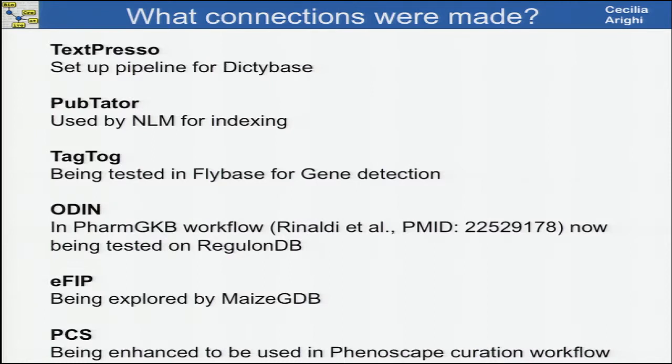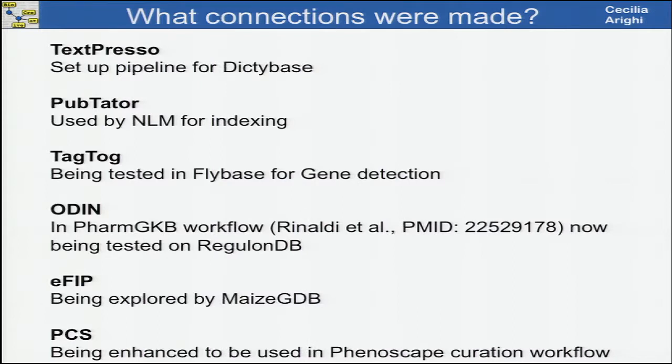After this, I just want to make a note that some connections were actually made. The TextPresso setup was able to set up the pipeline for Dictybase, which was long overdue for them. PubTator, which was one of the systems, is being used for NLM indexing. Tagtog is currently being tested by FlyBase for gene detection.